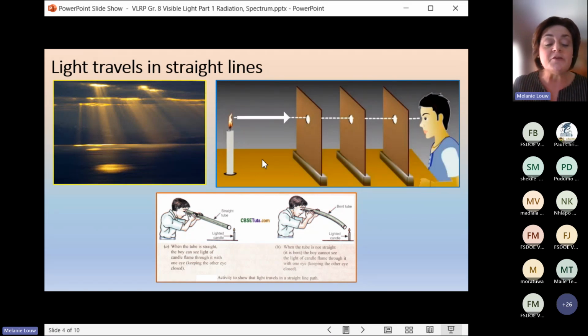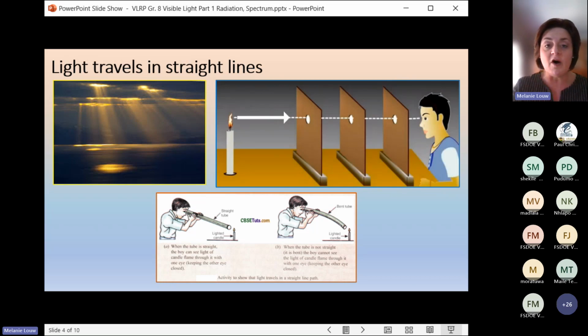Another way that we can prove that light only travels in straight lines is if you have three cardboard stands with a little hole in each of the stands, and you put a candle on the one side and you are sitting on the other side and you want to see that candle. What must be true for these three holes? They must be in a perfect straight line. So you can see the light traveling from the candle to your eye.